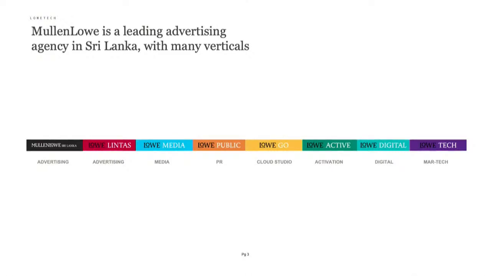For those of you who don't know, I think this talk will make more sense if I just tell you a little bit about Malanlo. We're an integrated advertising and communications company. What I mean by integrated is we have what we call verticals, and each of these verticals specializes in a particular field. In the red, we have the traditional advertising, media, PR.